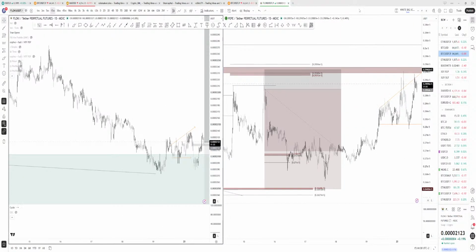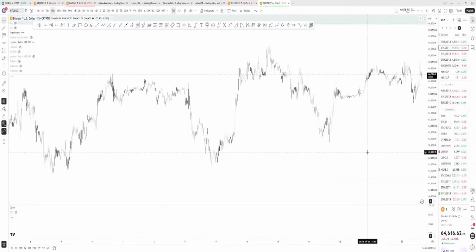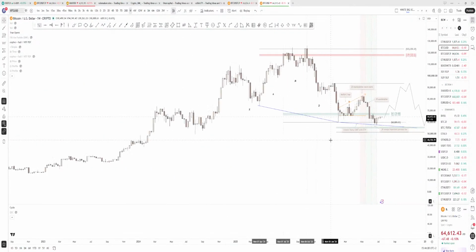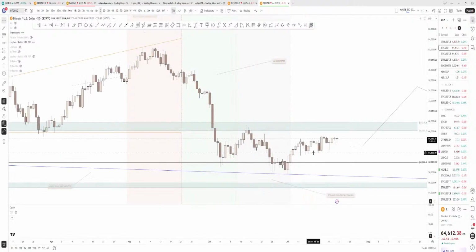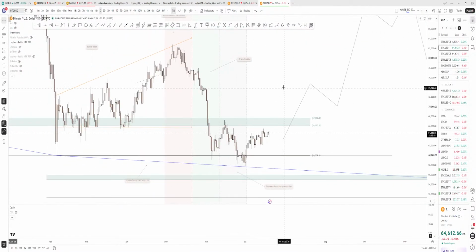Oh, I know what I wanted to show you guys as well. We have a weekly inverse head and shoulders loading on Bitcoin. I think people are going to watch, but no one really realizes that right now. They might say later on that this is the bottom and no one saw that, but you have a very obvious inverse head and shoulders.